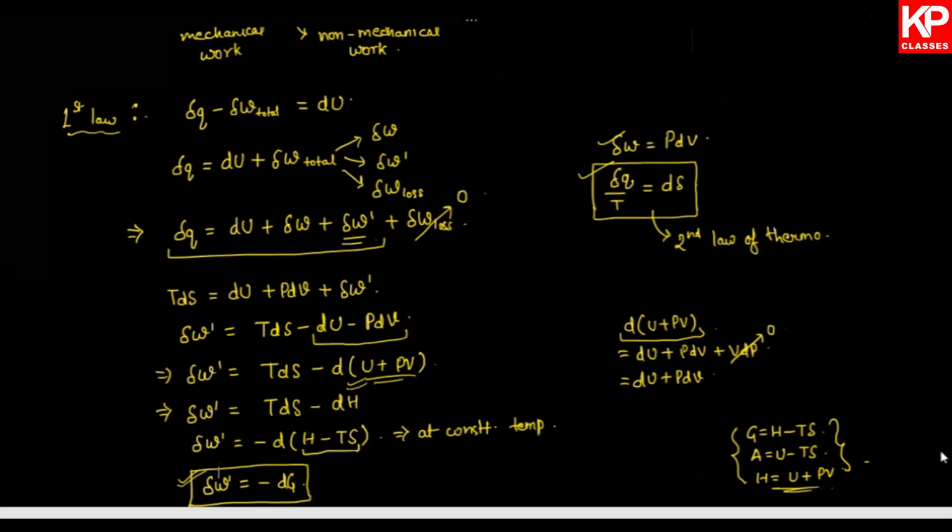So please note this down. And these are such things that you will be doing only once in your life. Mainly you will have a clear indication that the change in Gibbs free energy for a particular system at constant temperature and pressure is the maximum non-mechanical work, and you will go with this definition directly. So this is how it is being derived. Please note this down. And then we will be dealing with the Helmholtz free energy.